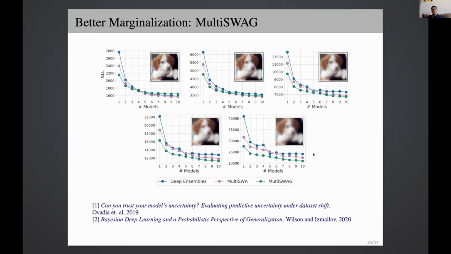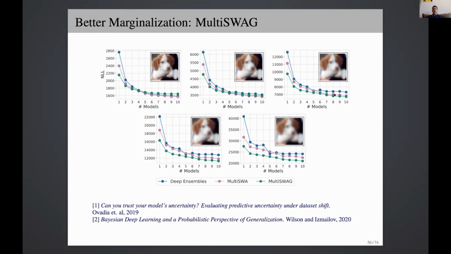There are a variety of different types of corruptions that are considered in our paper, Bayesian Deep Learning and a Probabilistic Perspective of Generalization. And there are a couple key takeaways in this empirical study. One is that when we have a small number of independently trained models, say roughly 2 or 3, there's a pretty big gap between multi-swag and deep ensembles, multi-swag in green, deep ensembles in blue.